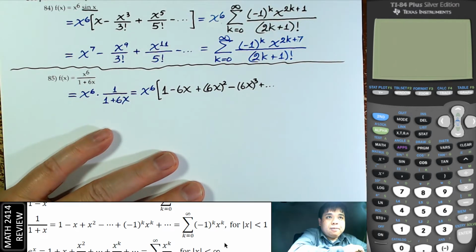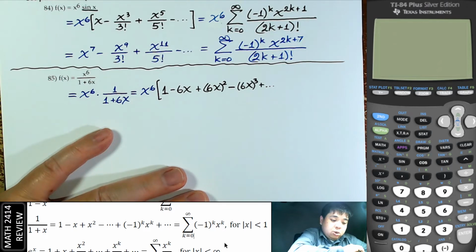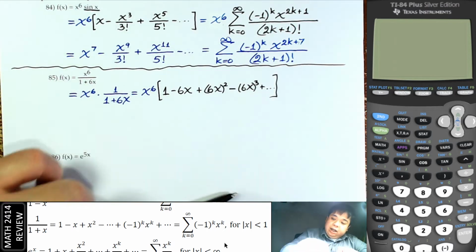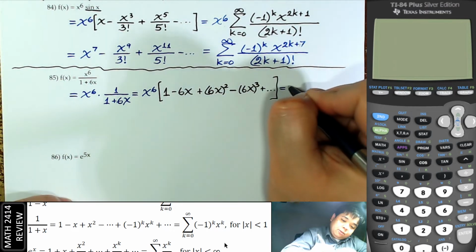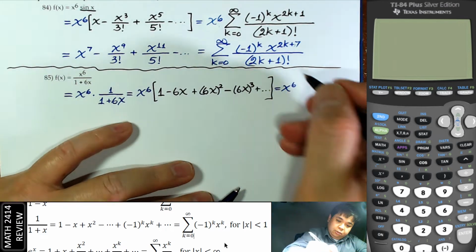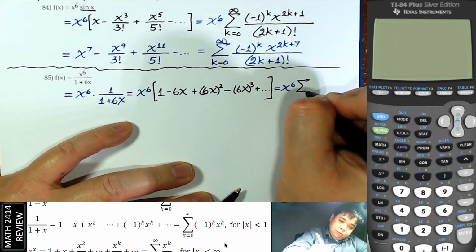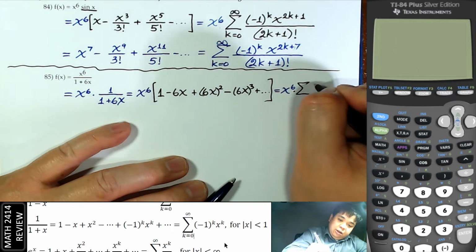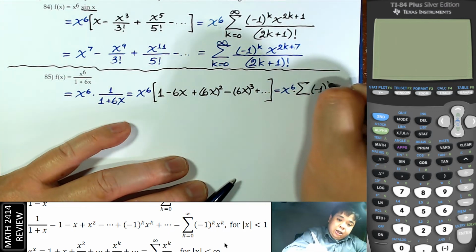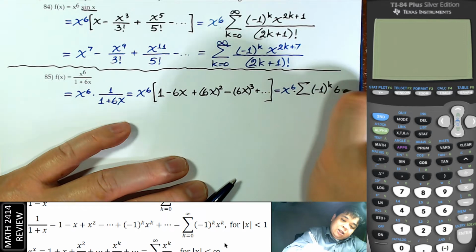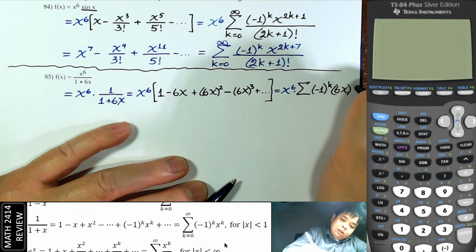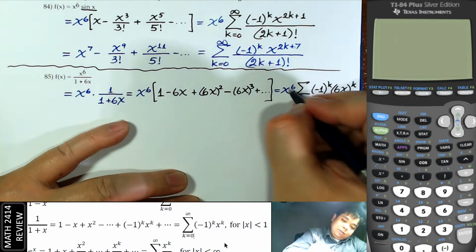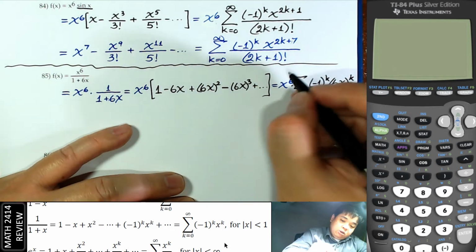So instead of x, we put 6x in there. Now in the summation form, it is negative 1 to the k, 6x to the k. You put the whole 6x in the parentheses, and then of course k goes from 0 to infinity.